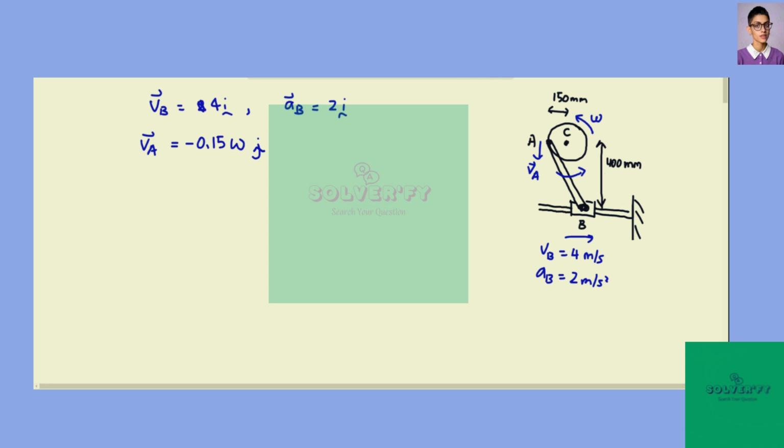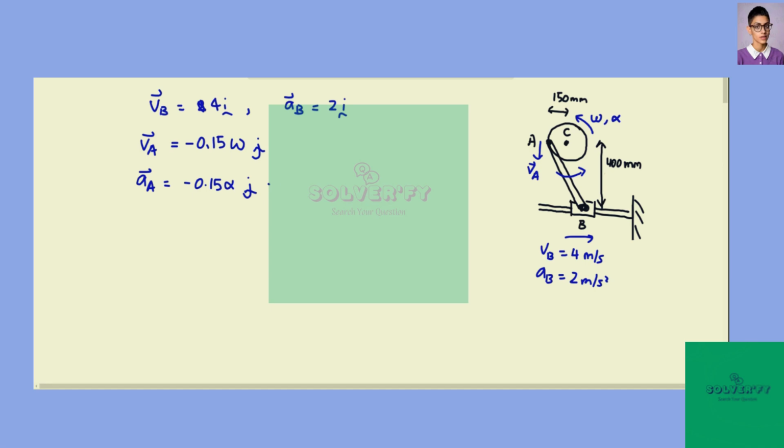Okay, and then the acceleration of point A will be alpha k, it will have a tangential acceleration, assuming downward.